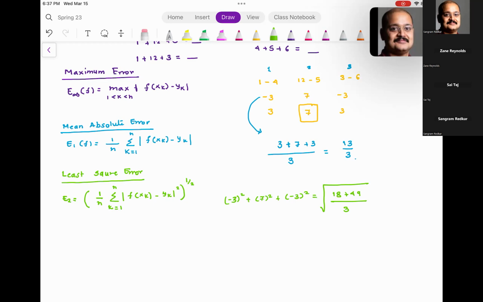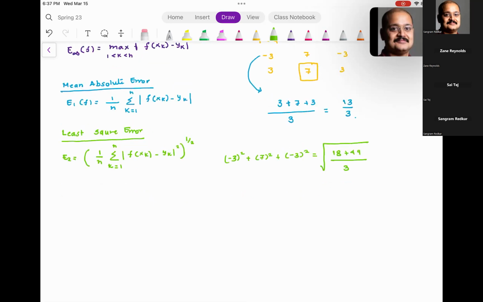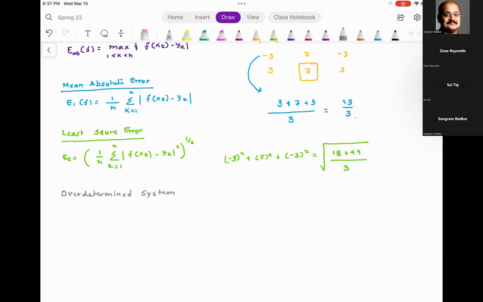If you have a system, so now what I'm trying to say here is, let me define a model. So if I have an overdetermined system, what does an overdetermined system mean? The number of equations is greater than the number of unknowns.